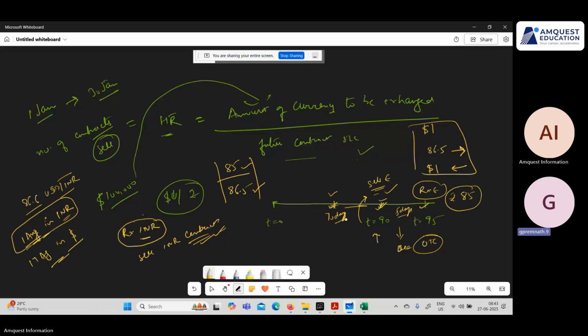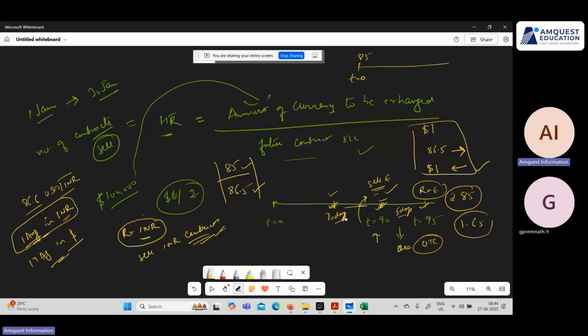So from your own pocket, you will have to give away 1.65 to again get $1 in hand. That's your loss, right? Clear.